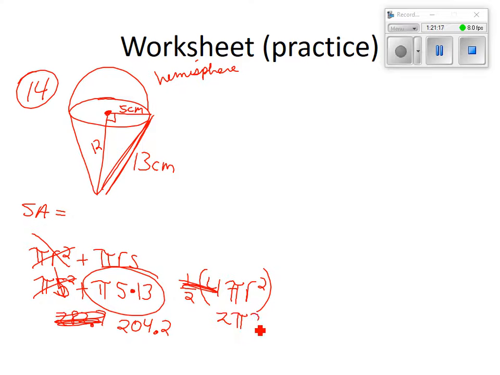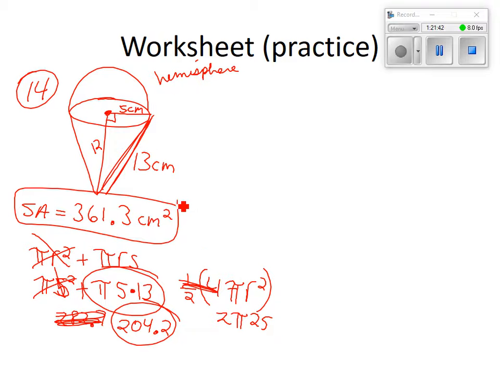What is 5 squared? 25. So just do 2 times pi times 25. 157.1. Now you got that answer in your calculator. What do we need to add to it? That. So just add that to it. 361.3. Anybody else get that? Yep. What's our units? Centimeters squared.